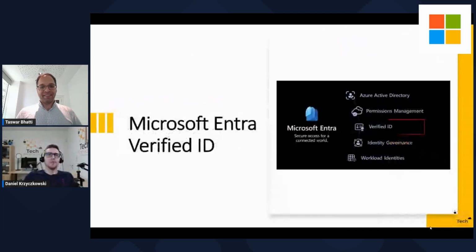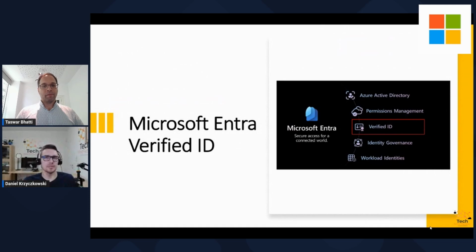So when you think about Microsoft Entra, obviously this is an umbrella with different kinds of products. There is Azure Active Directory, permissions management, identity governance, workload identities, but also under the Microsoft Entra umbrella, there is a service called Verified ID. This is the service that enables you to configure, issue and verify verifiable credentials.